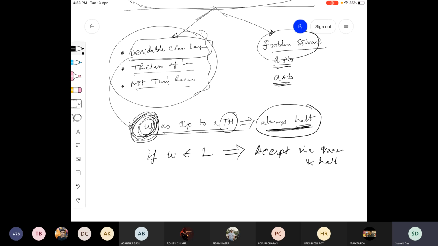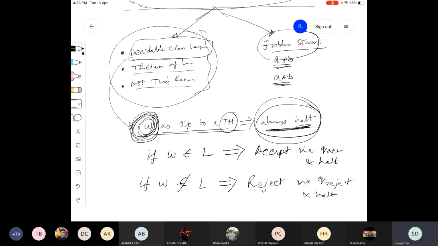If W is not a member of L, then also the Turing machine will deterministically say that this is not a member of L. It will reject via Q reject and halt. So halting gives you a sense that in finite time it decides.